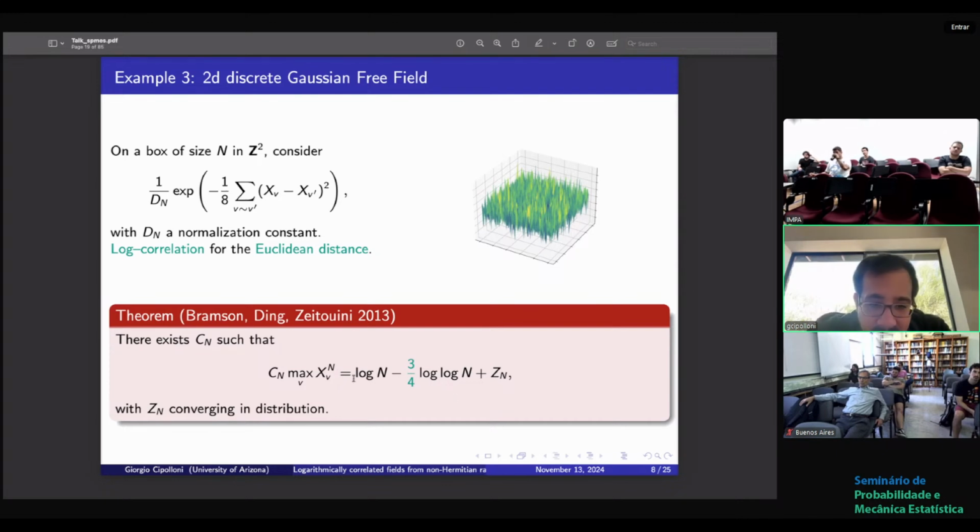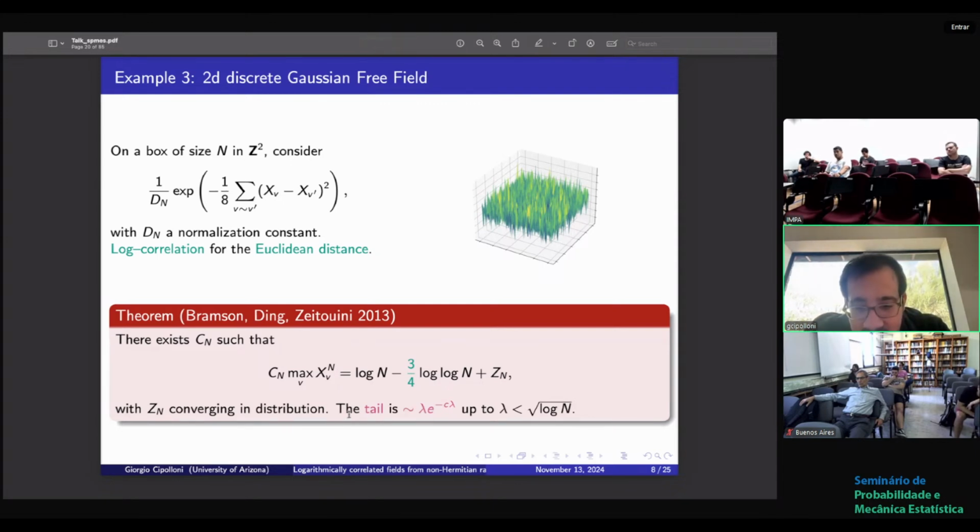The first two terms you see are basically the same as in the branching Brownian motion, just replacing t with log n. Again, the first term behaves linearly in log n, the second order is a log, and again comes precisely with this constant 3/4. And then Z_n is an order 1 random variable which converges in distribution.